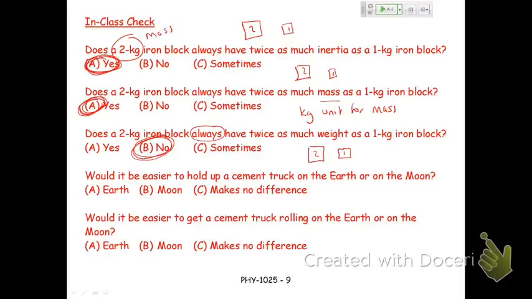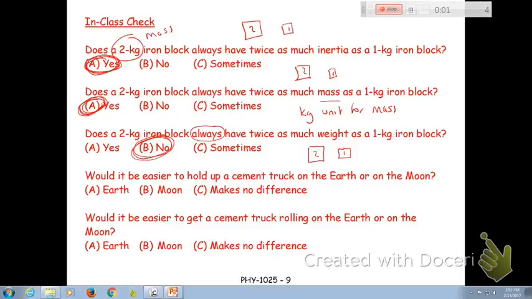So then, would it be easier to hold up a cement truck, not meaning robbing it, I mean physically hold it up? Would it be easier to hold up a cement truck on Earth or on the moon? Yeah, good. Almost immediately.